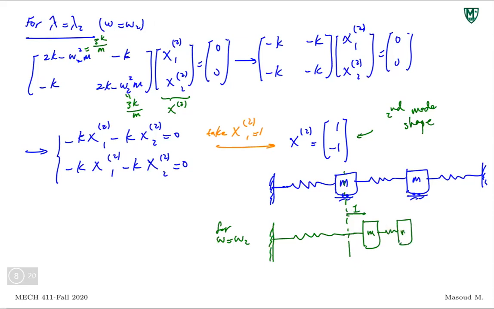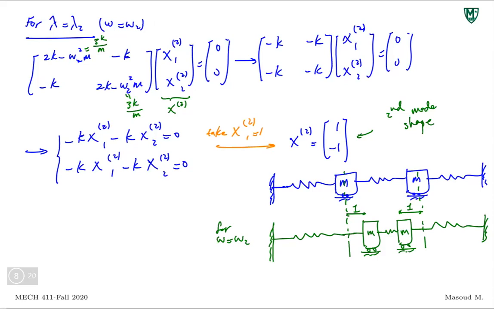Then mass 2 comes to the left 1 unit, because the ratio should be 1 to minus 1 for this mode. So that's what mode shapes tell us. They tell us about the ratio between amplitudes.